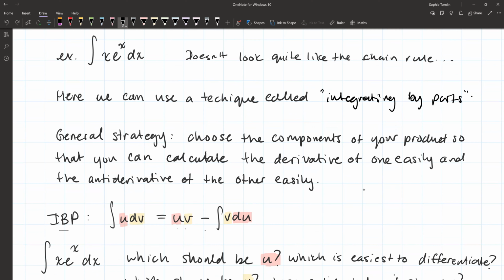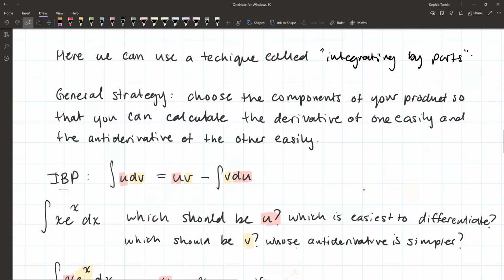So here I have all of the u terms in red and the v terms in orange. Since here we have u, and then a du, we're going to want to take our u so that it's a little bit more easily differentiated. And on the other side we only have v's, so it'll be important to find something that we can easily find the antiderivative for.